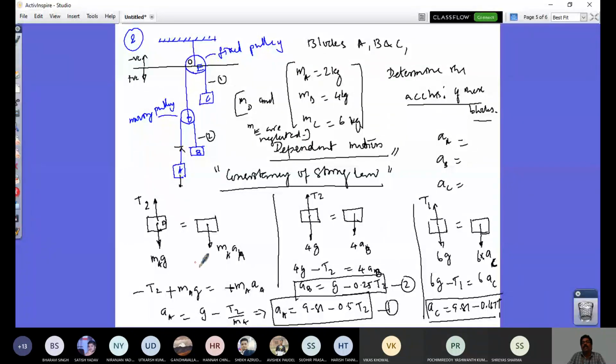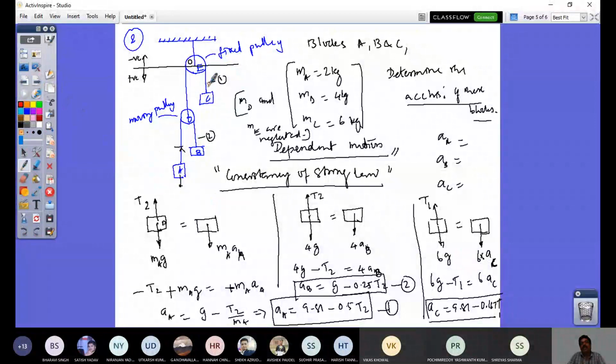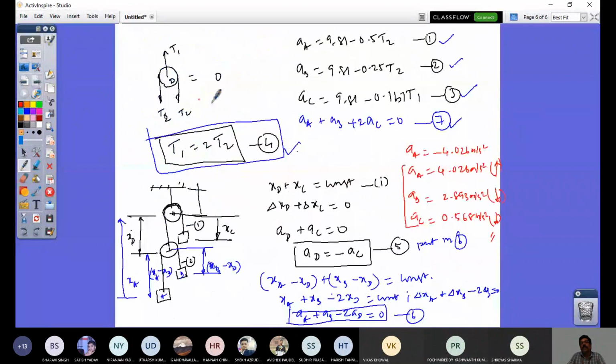So there are 3 blocks here translating. Additionally, one pulley is translating. Since the mass of the pulley is neglected, you do not have to consider its acceleration, but the accelerations of these 3 blocks can be found. When you write Newton's equation for these 3, you have 3 equations from the fundamental governing equation, but they are not sufficient.